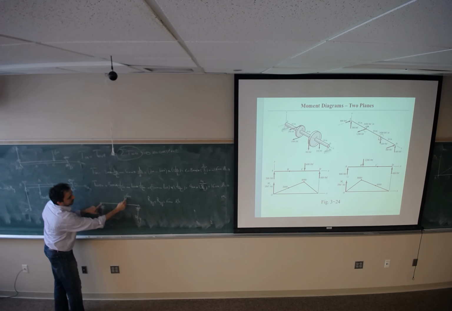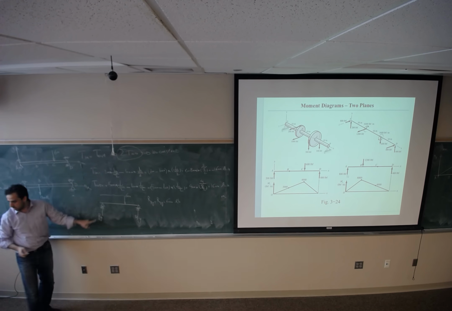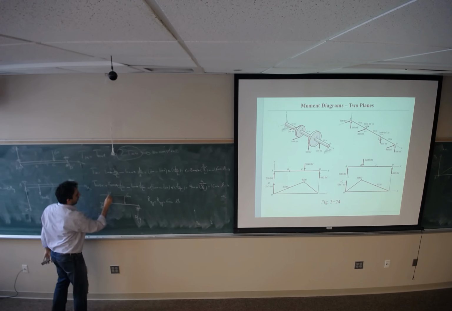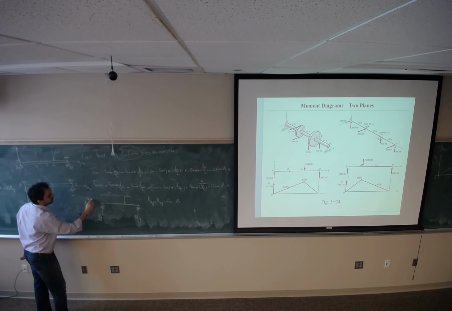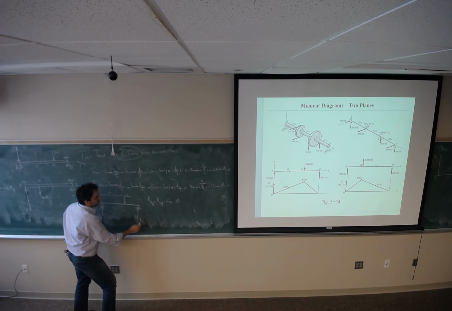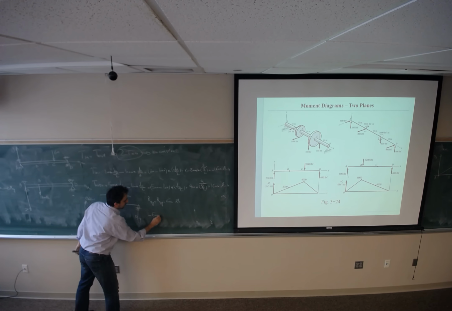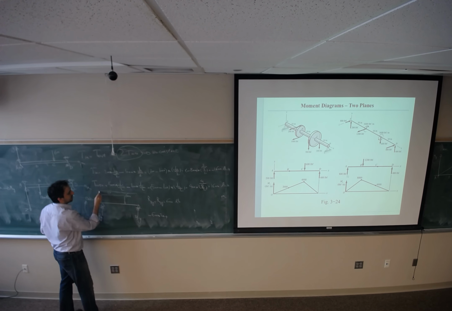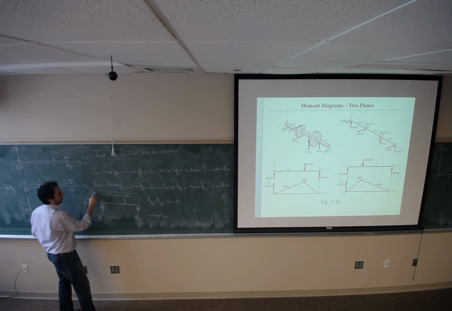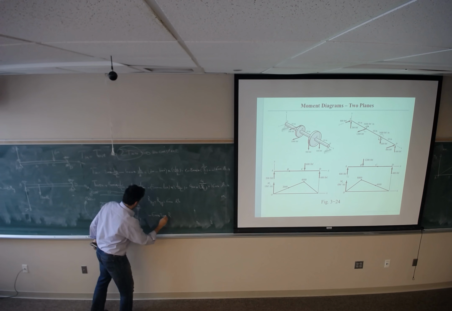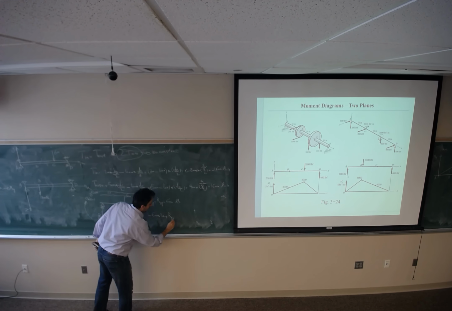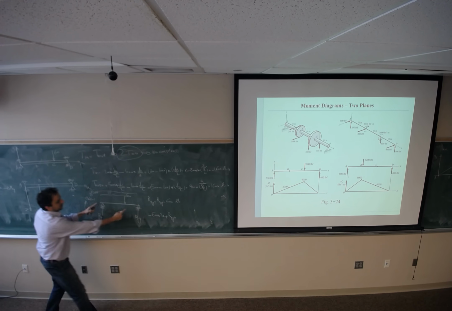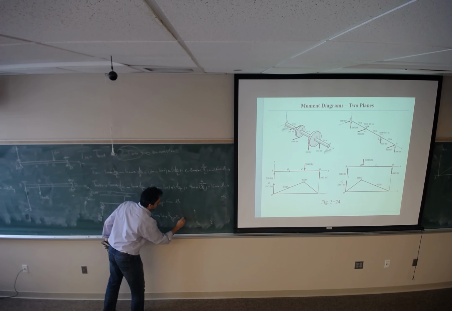This 600 times this distance, which is 20, is making clockwise, which is negative. So negative 600 times 20 plus this times this distance is making counterclockwise, which is positive, and the distance is 10, 20, 30. The entire shaft is 30 inches. Set it equal to 0.